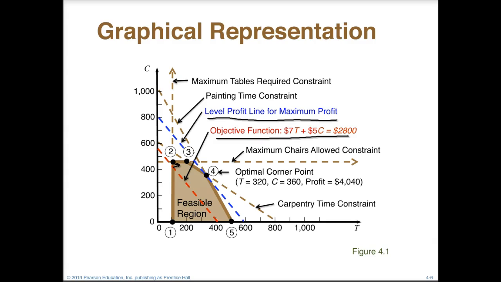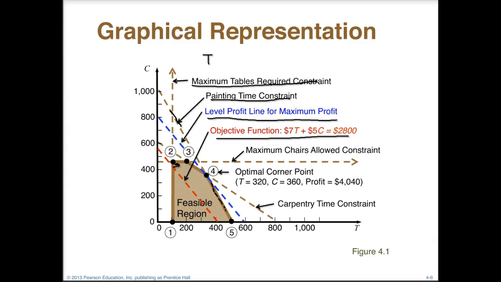Okay? Now you see the other constraints here, the painting constraint, which is this line here. You see how that goes through the point 4 right here. And that also keeps on going down like that. We have our maximum tables constraint there.